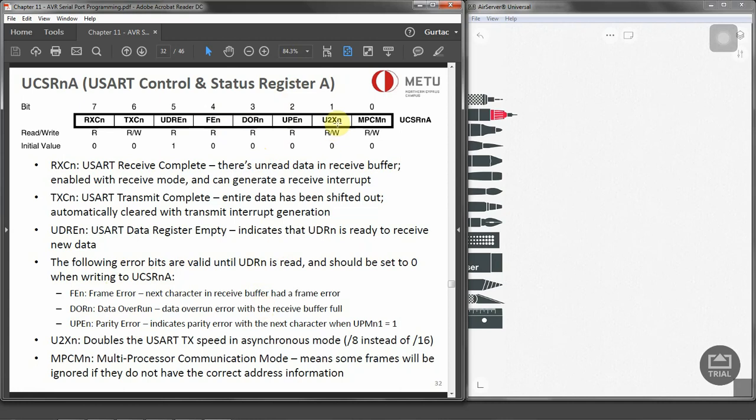And U2Xn, if you want to have double speed of the USART in asynchronous mode, you have to set that. And MPCM is the multiprocessor communication mode, meaning some frames will be ignored if they do not have the correct address information. So this is register A.